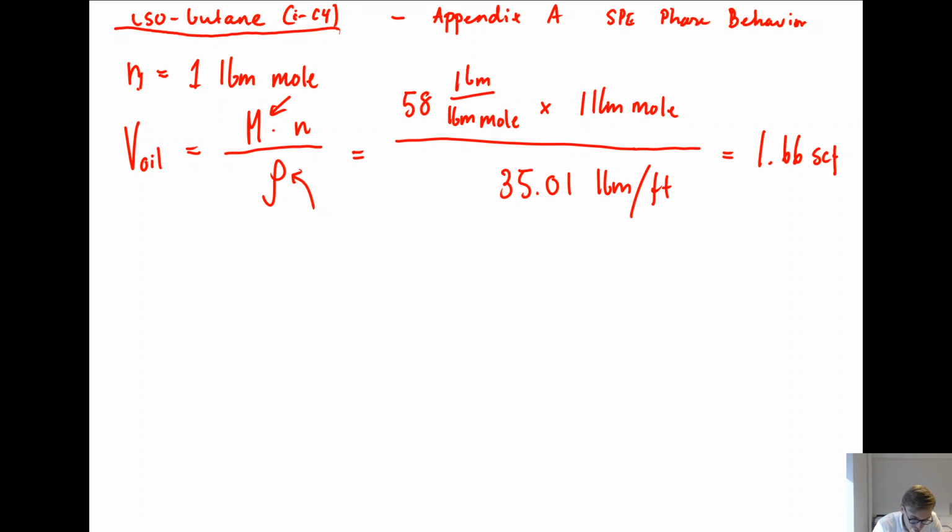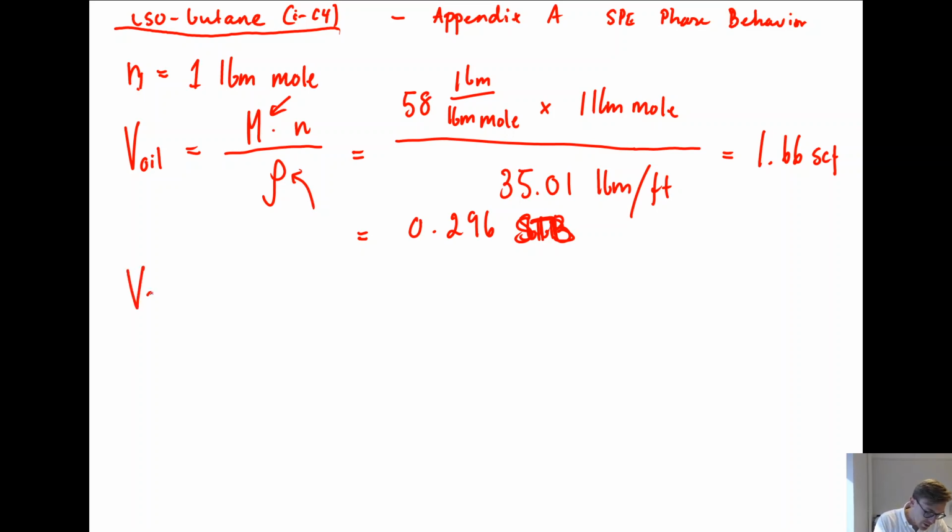Again, converting this to standard stock tank barrels, we get a value that's around 0.296 barrels. Or since this is stock tank barrels, this is sellable stock tank barrels, we have to be consistent and we use STB. Sorry about that.